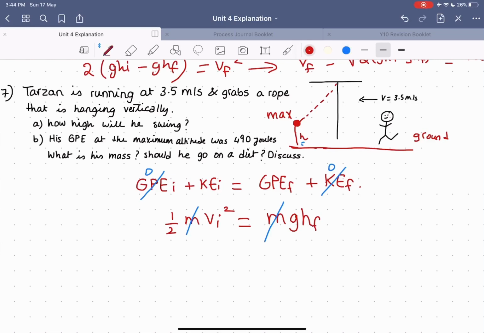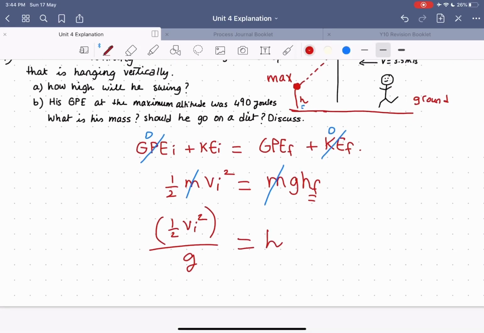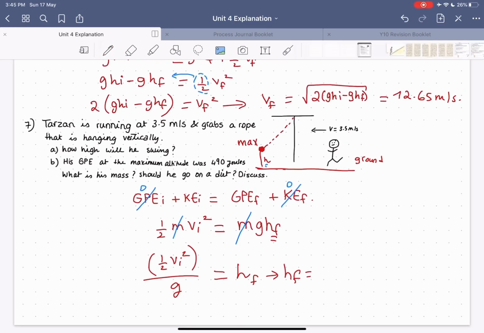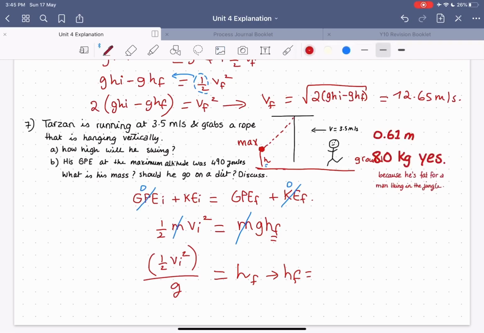We want to get the height, so half vi squared divided by the gravity is equal to the height final. So rearrange the formula and substitute in order to get 0.61 meters.